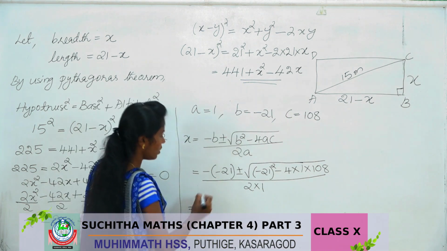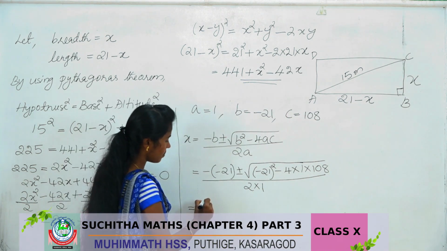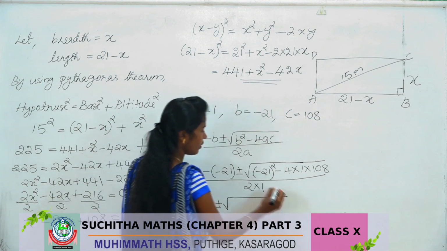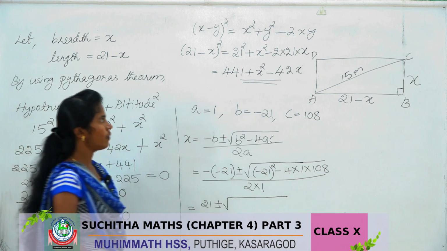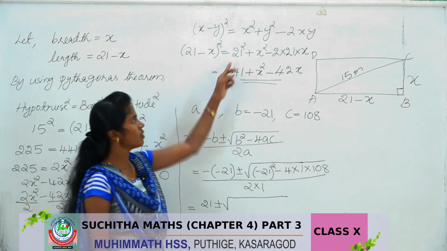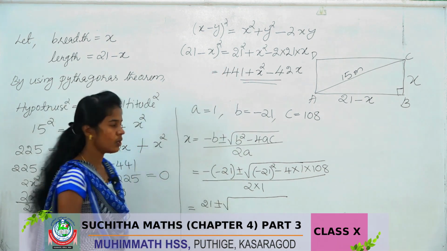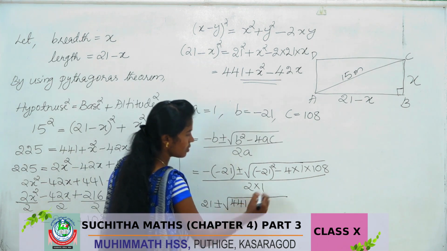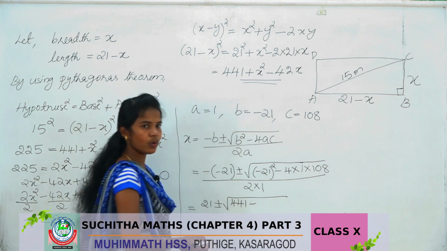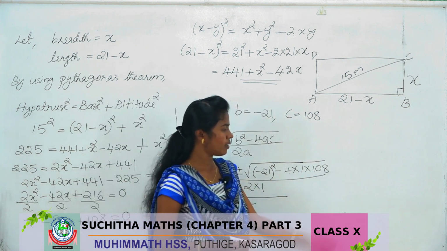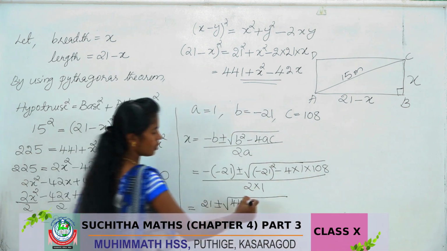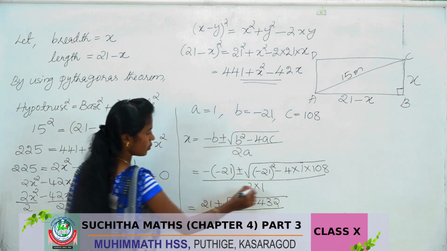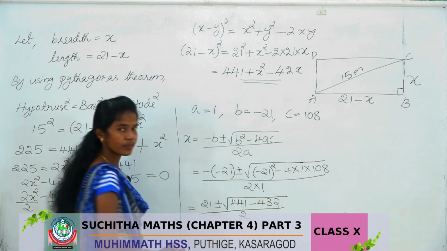That is equal to minus minus becomes plus. So plus 21 plus or minus square root of minus 21 square. 21 square is 441. So minus 21 into minus 21 is 441, minus 4 into 1 is 4, then 4 into 108. 4 into 108 is 432, divided by 2 into 1 is 2.